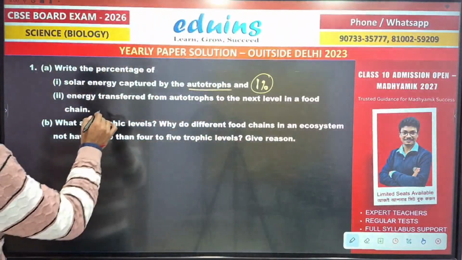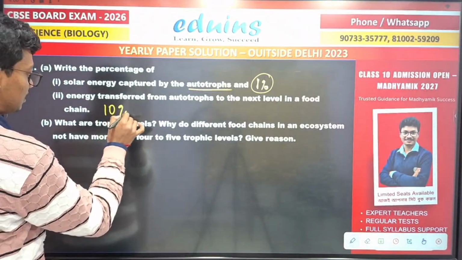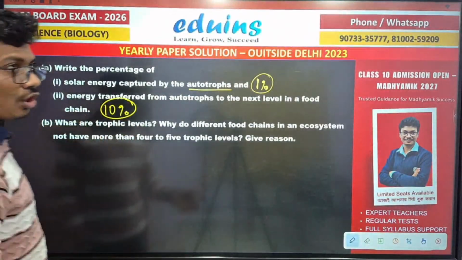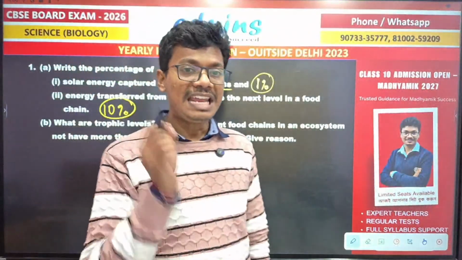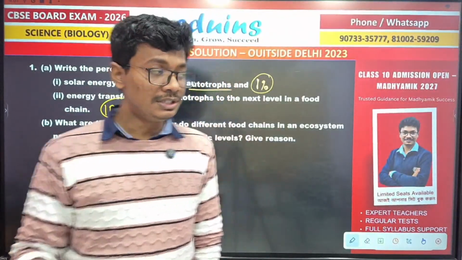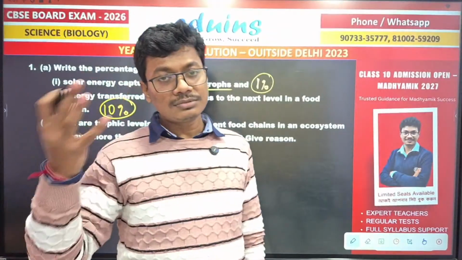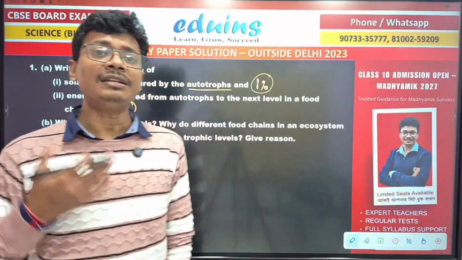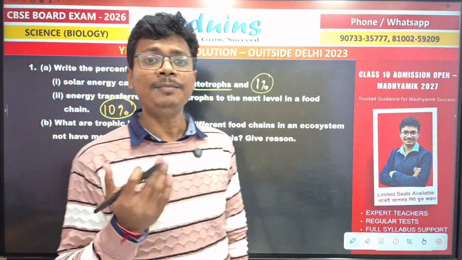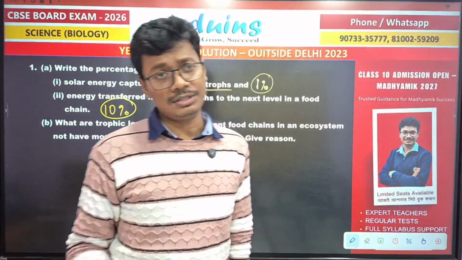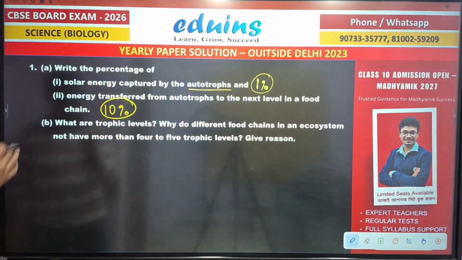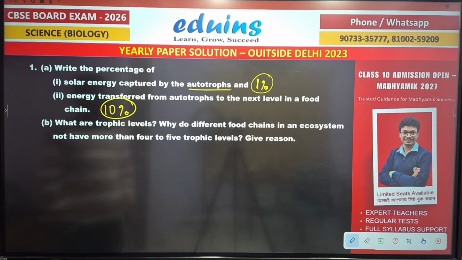So from the autotrophs to the next trophic level only 10% energy is transferred, and the rest 90% is used for the different metabolic purposes of the plant or the organism. Okay, so this is the answer, that is the 10%.